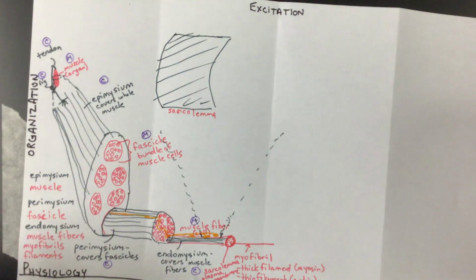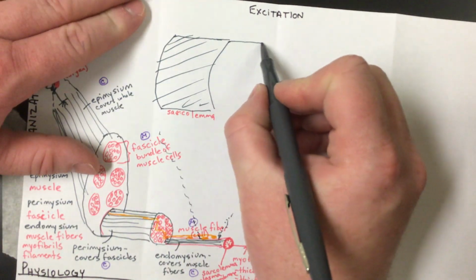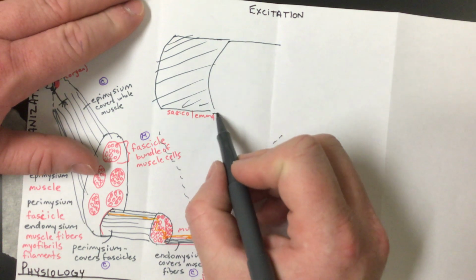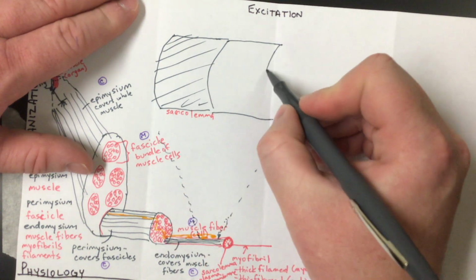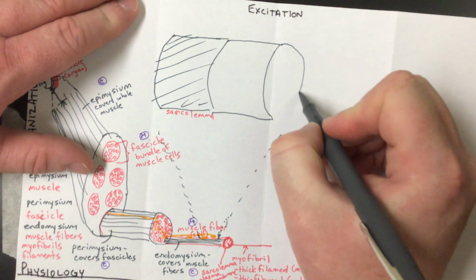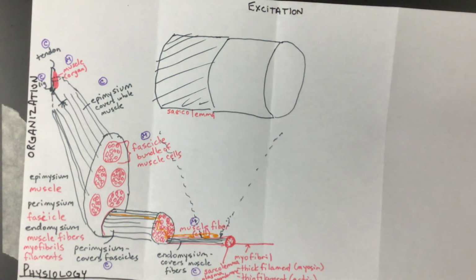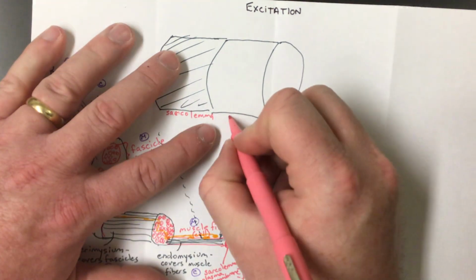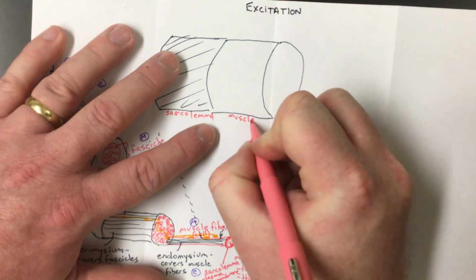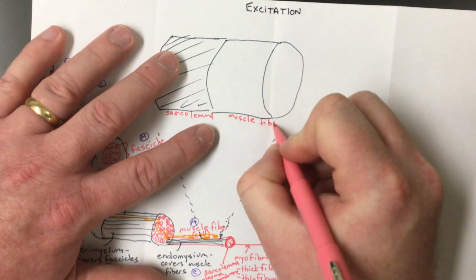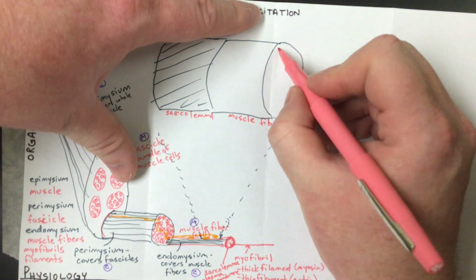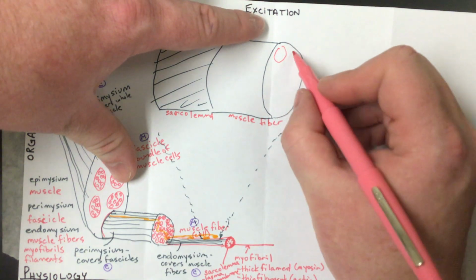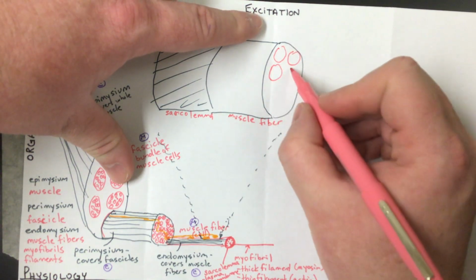And so let's draw the rest here. So here's the rest of our muscle fiber. Sarcolemma is the membrane of the muscle fiber. And we're going to draw a bunch of myofibrils in here.